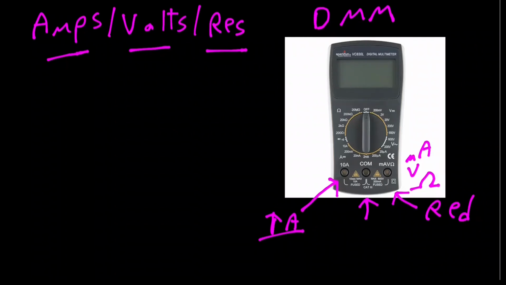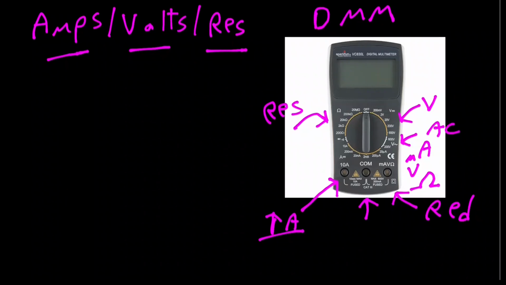And then you can notice that this has various scaling features. So the resistance side is on here, and the volts are here, and you can see that you can also measure AC as well.